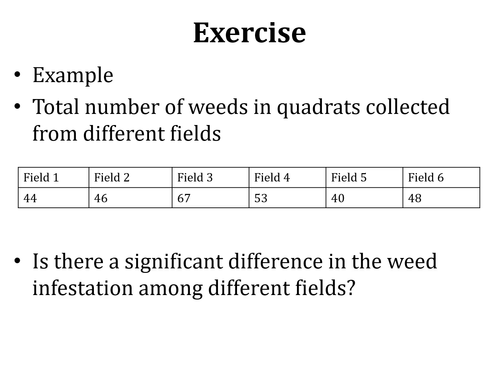So we have the same example with different observations, and the question is also saying, is there a significant difference in the weed infestation among different fields? So you have to solve this problem and share the results with me, and you have to follow all the steps, and then you have to come up with a proper result statement in the same format that I have provided you.